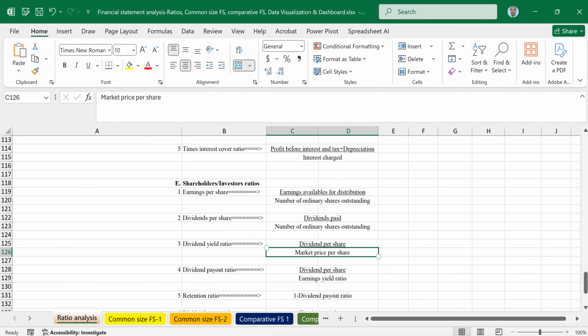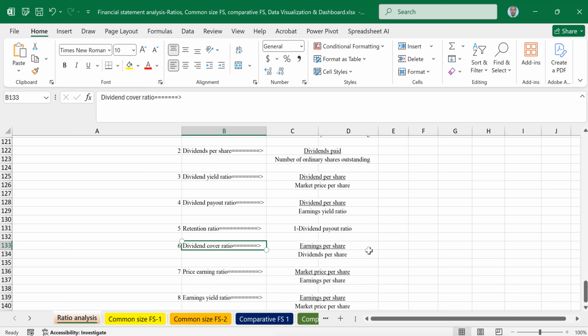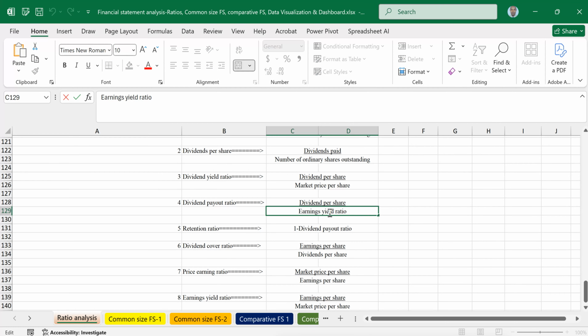I think the denominator here should be earnings per share, if I'm not wrong. The dividend payout ratio is dividend per share over earnings per share.